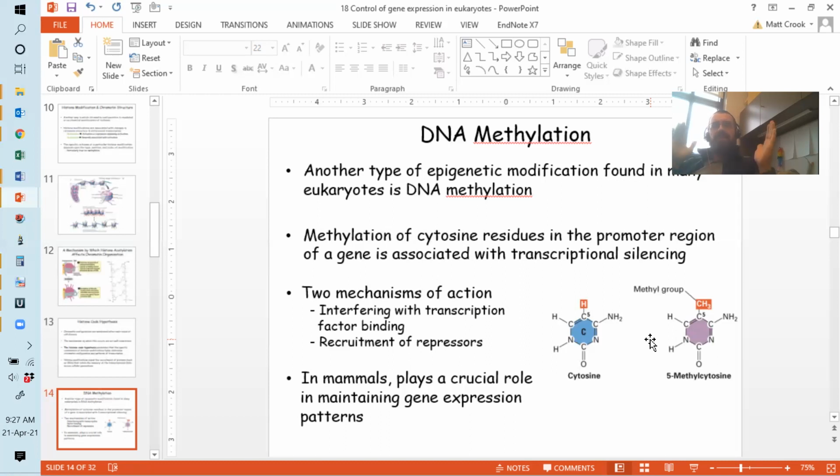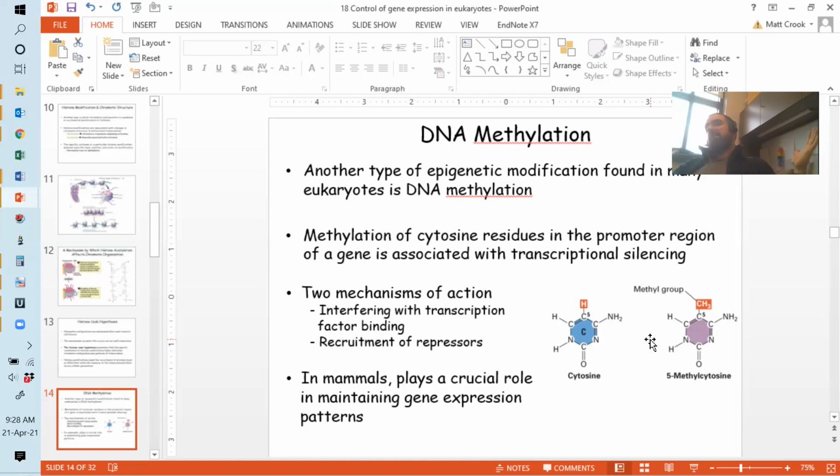So if you have a specific DNA sequence in the promoter region, which is recognized by transcription factors and transcriptional activator proteins, and that sequence contains Cs, if those Cs are methylated, then those proteins can't recognize them.